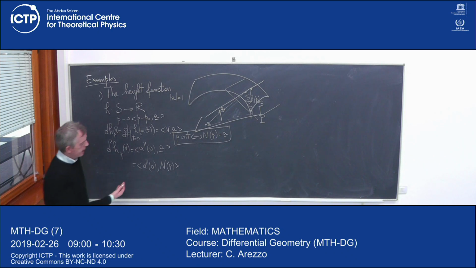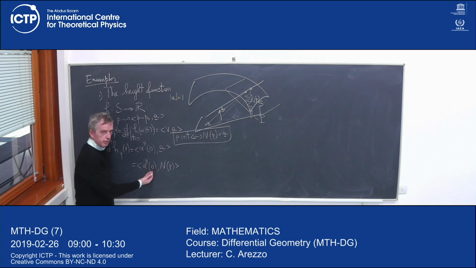But we have already encountered this. What is the acceleration of a curve? It's the curvature, almost. It's the curvature times the normal. Which curvature? Of the curve itself. This is the normal curvature of alpha.